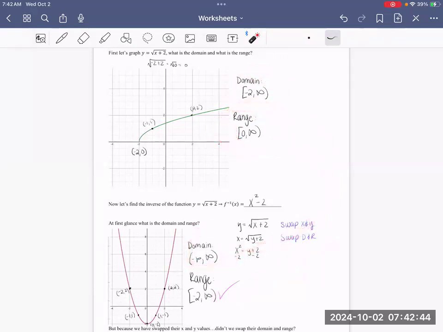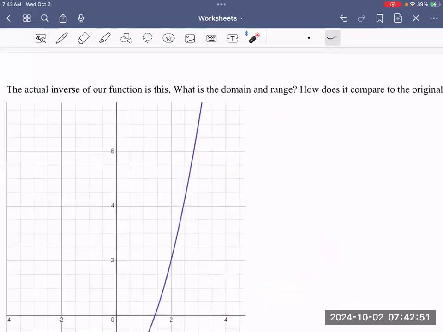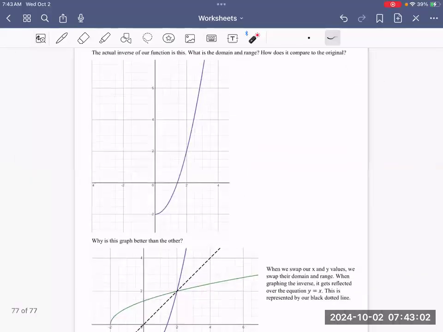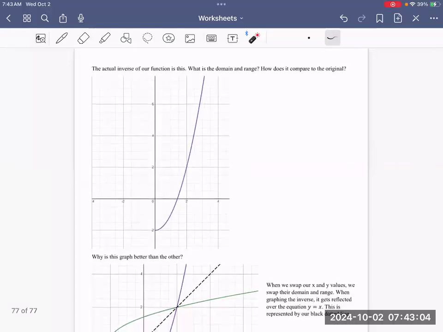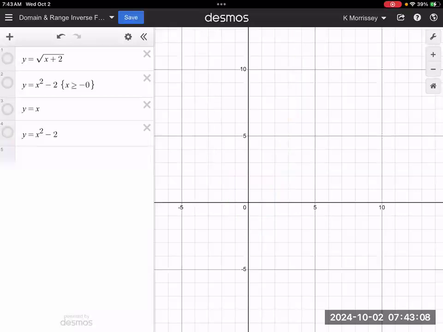So what happened? Well, what happened is that this actually isn't the correct inverse, because your inverses are mirrored over the y equals x equation, and you'll see that down here. So if we were to adjust your domain here to then represent your range from the first graph, we should actually only have half of your graph.